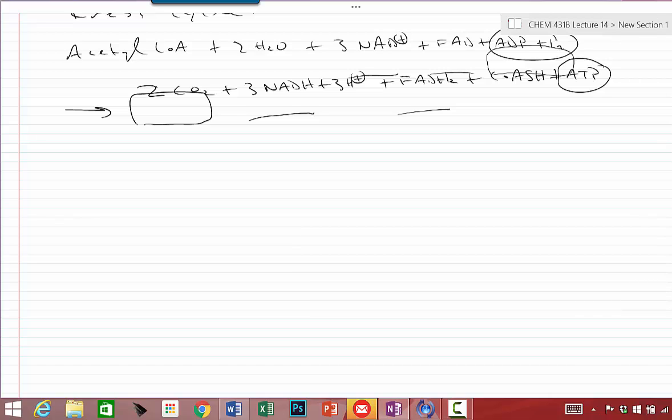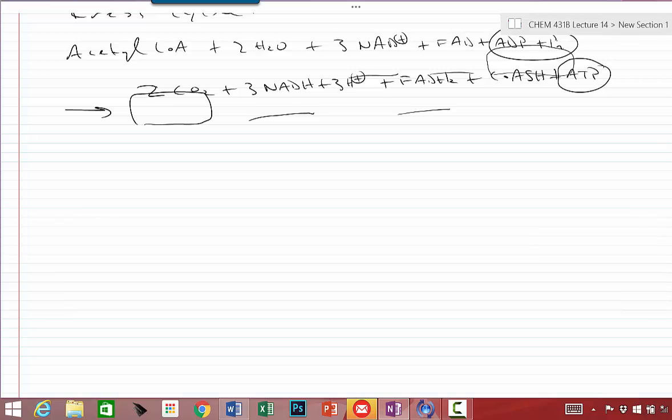And then we have another step here, step 6, where we have succinate going to fumarate. And in this case, we have FADH2 being produced, okay, which is another reduced cofactor. Fumarate going to malate. That's hydration, no oxidations going on here.